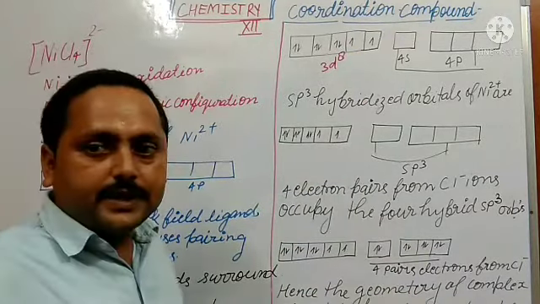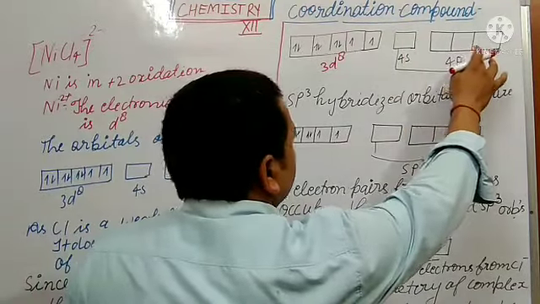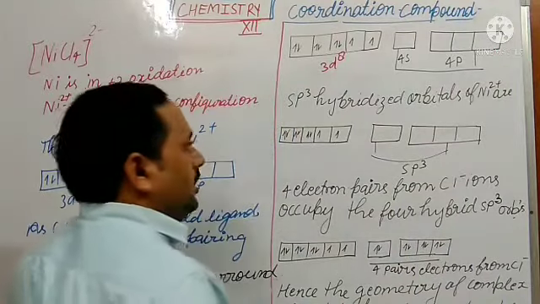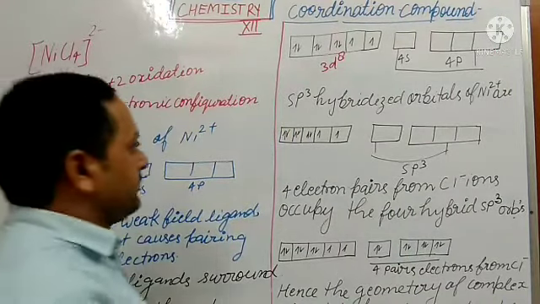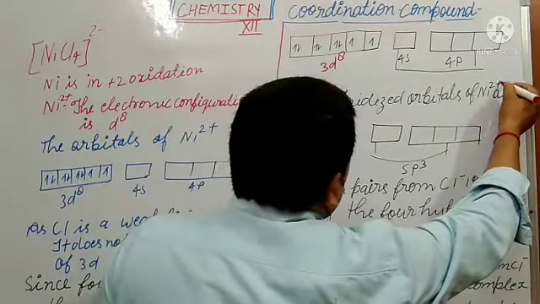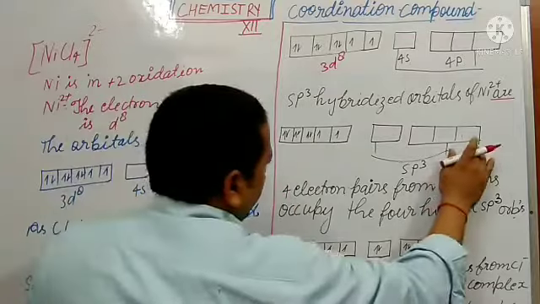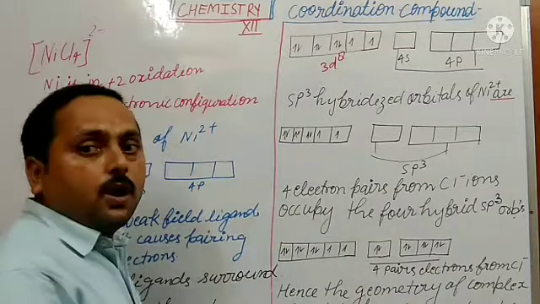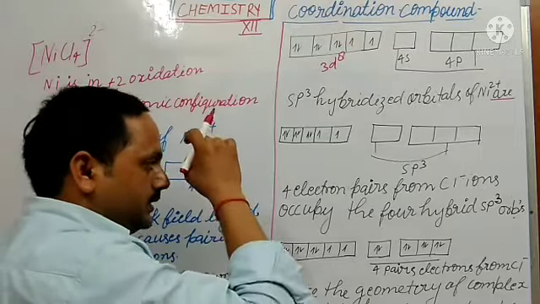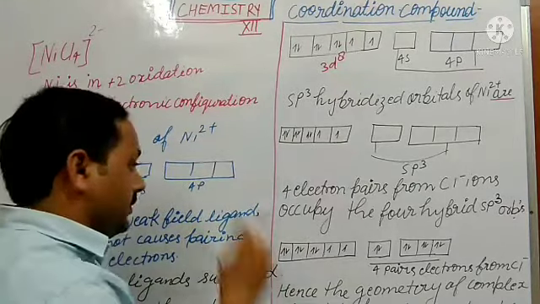So for sp3 hybridization, 4s gives 1 s and 3 p orbitals, and these are the sp3 hybridized orbitals of Ni2+.